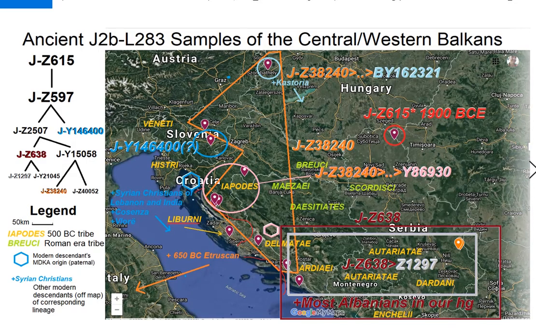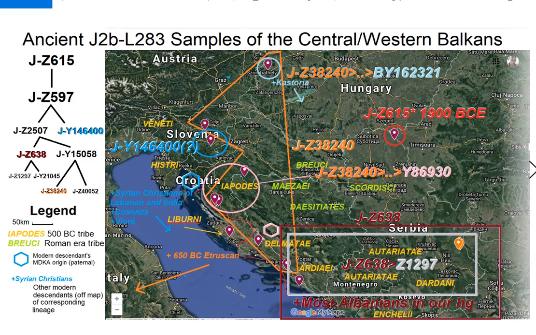I want to share now a really cool map that I made today that I hope will inspire you to keep on doing your research. Another researcher in J2b-L283, Flor Vesely, has a Google map of ancient samples that he's tracking.